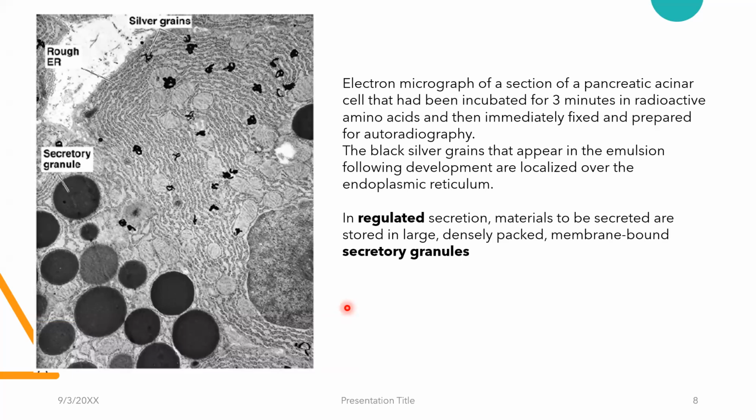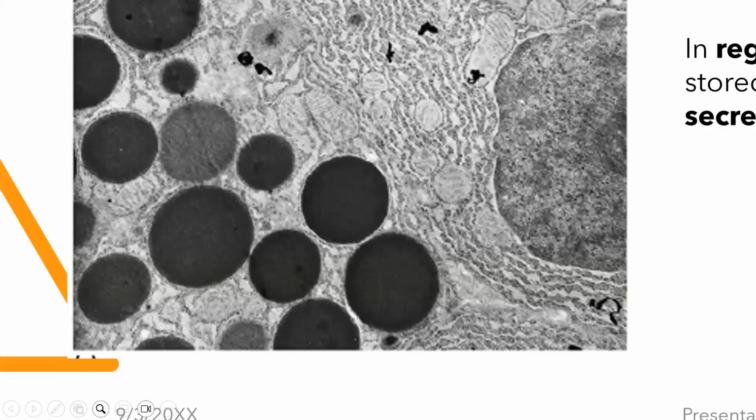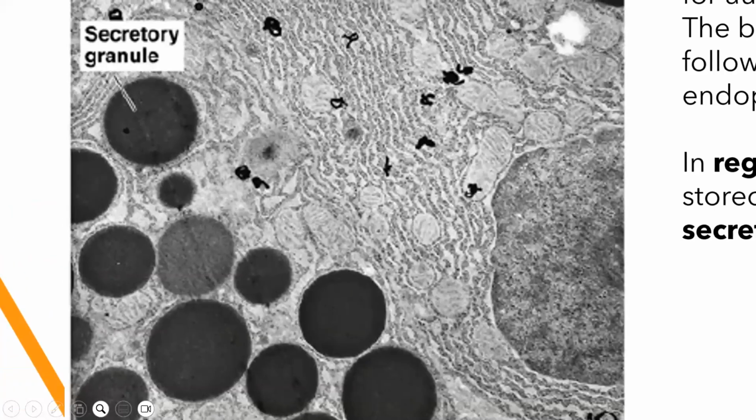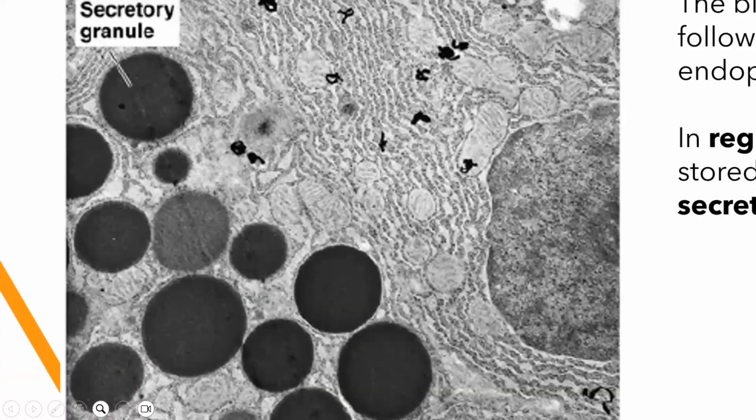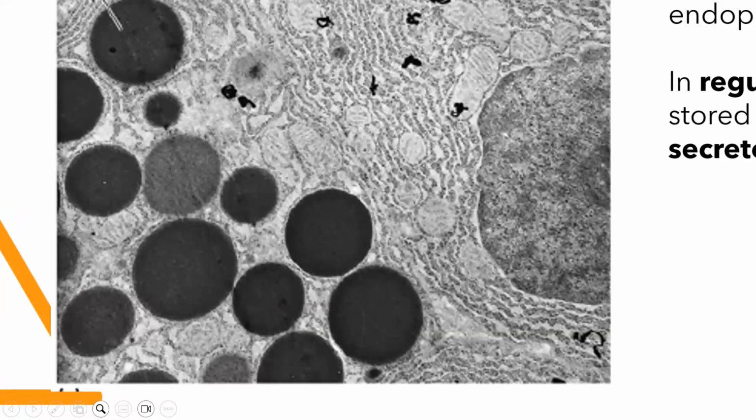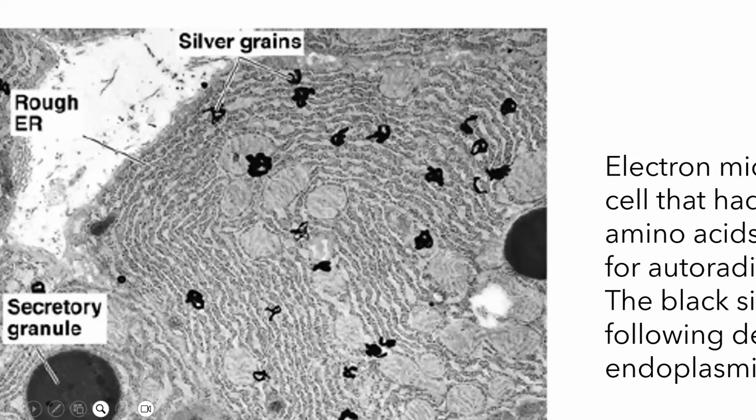In the regulated secretions, materials to be secreted are stored in large, densely packed membrane-bound secretory organelles. So these are the dark ones. These are the secretory granules, and these are due for regulated secretion. Basically, they are large, but they are hanging around inside the cell. They're just packed inside.